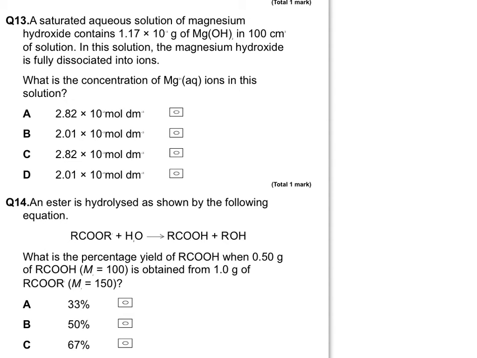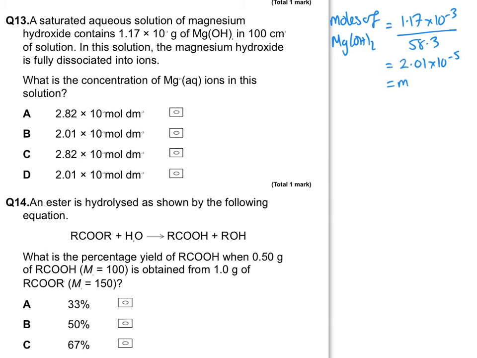Okay, so we're going to start by working out the moles. And this is the moles of magnesium hydroxide. So we'll do a mass over mR. Now for every 1 mole of magnesium hydroxide, we're going to get 1 mole of magnesium 2 plus ions.